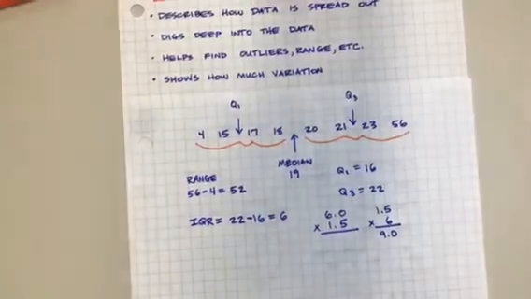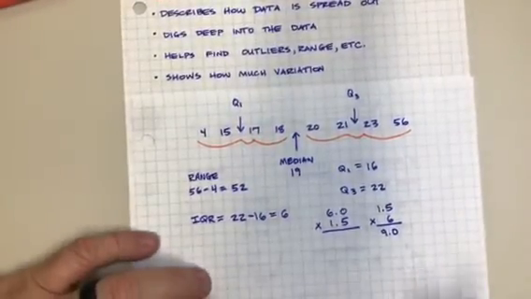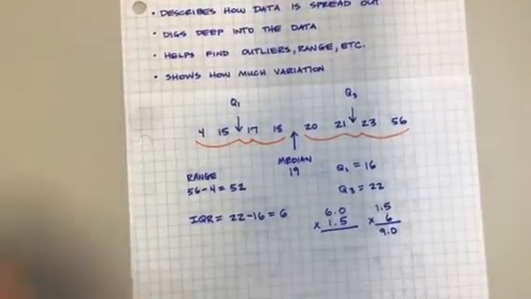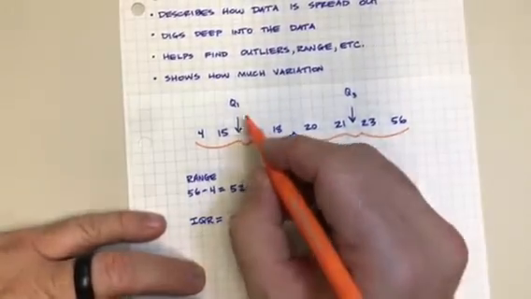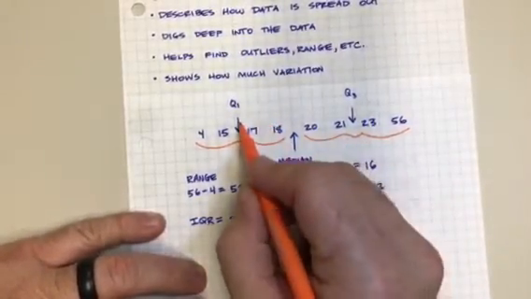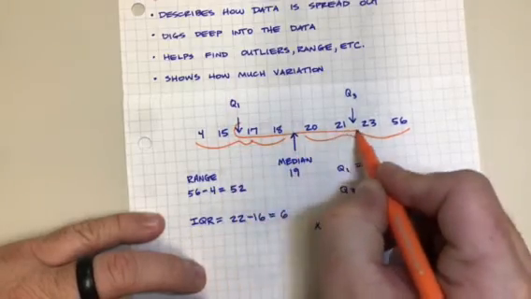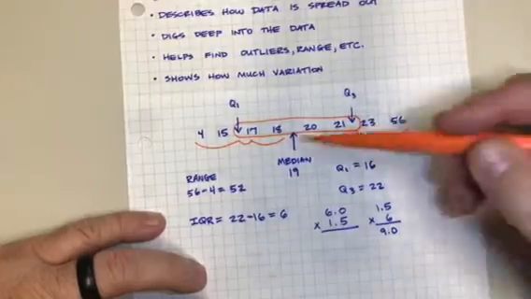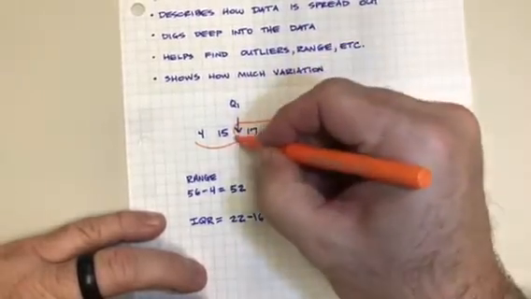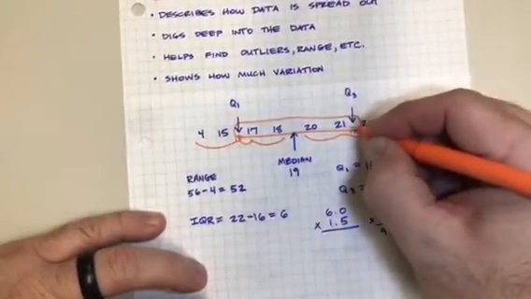So I'm going to look at this and say, all right, my interquartile range was 6. Basically what I'm saying is that's from here to here, which is really from 16 to 22, because that's what that is right there. This would be 16. This would be 22.